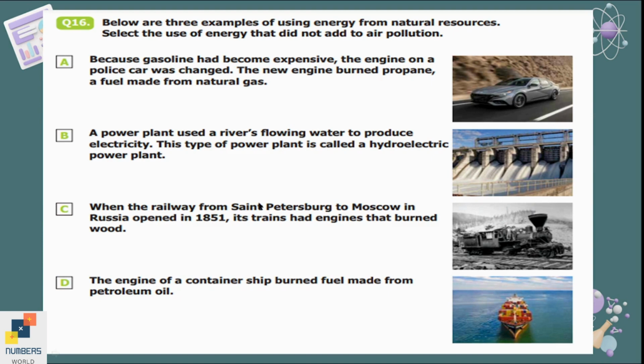C, when the railway from St. Petersburg to Moscow in Russia opened in 1851, its trains had engines that burned wood. D, the engine of a container ship burned fuel made from petroleum oil. So option B will be the suitable option here because electricity is produced by using water power. So no petroleum derivatives are used here, and it's not adding any air pollution.